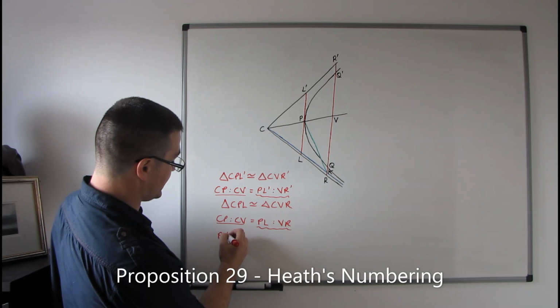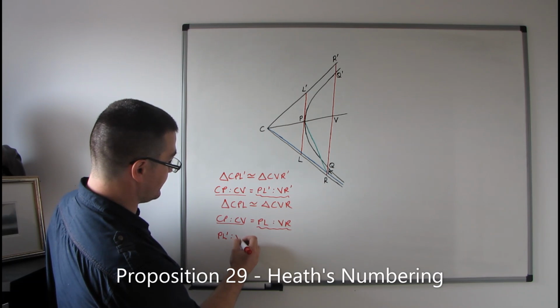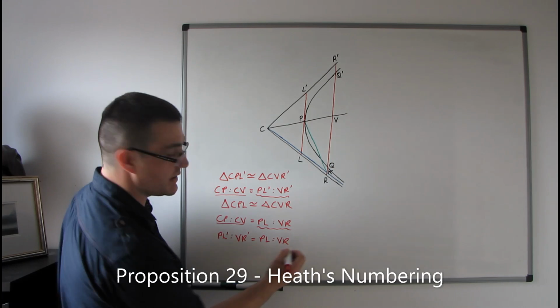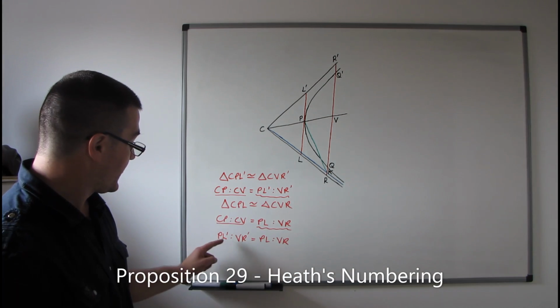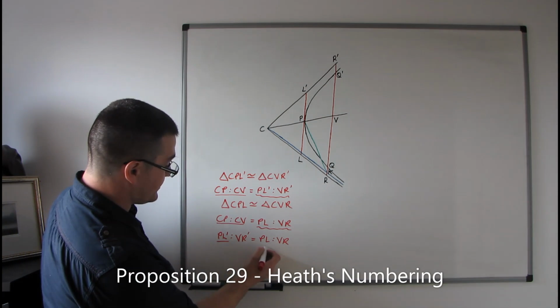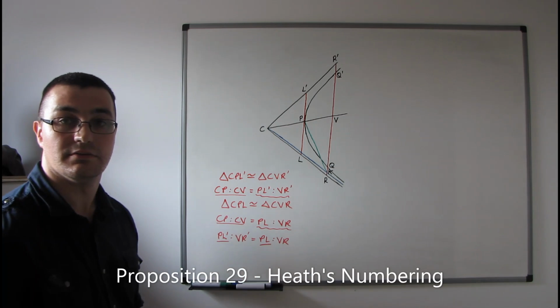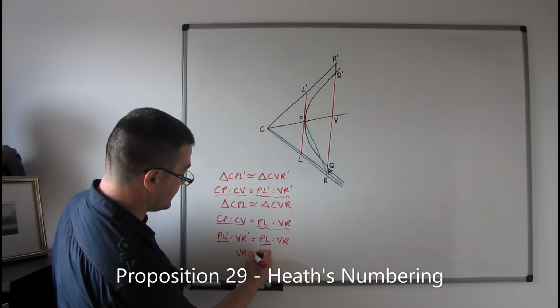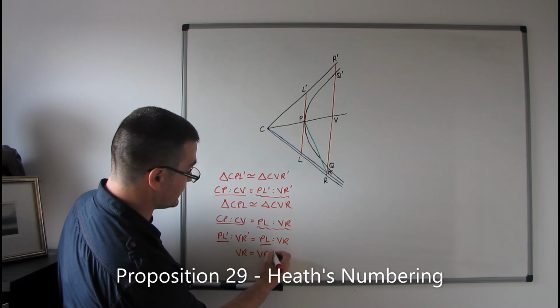So PL primed to VR primed is equal to PL to VR. But PL primed is equal to PL, and therefore we can conclude that VR is equal to VR primed.